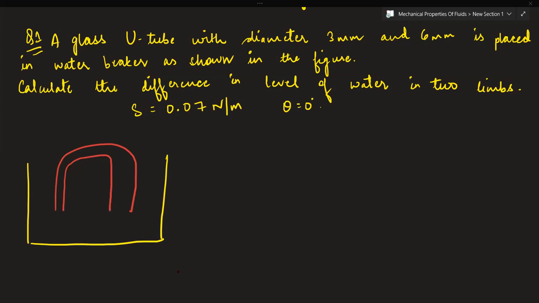So see, the diameter is 3 millimeter for the narrow tube, and 6 millimeter for the thicker one.